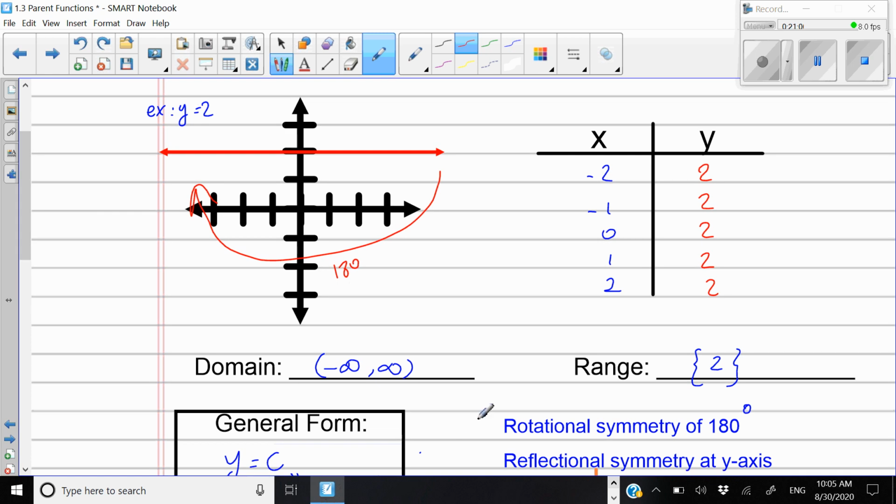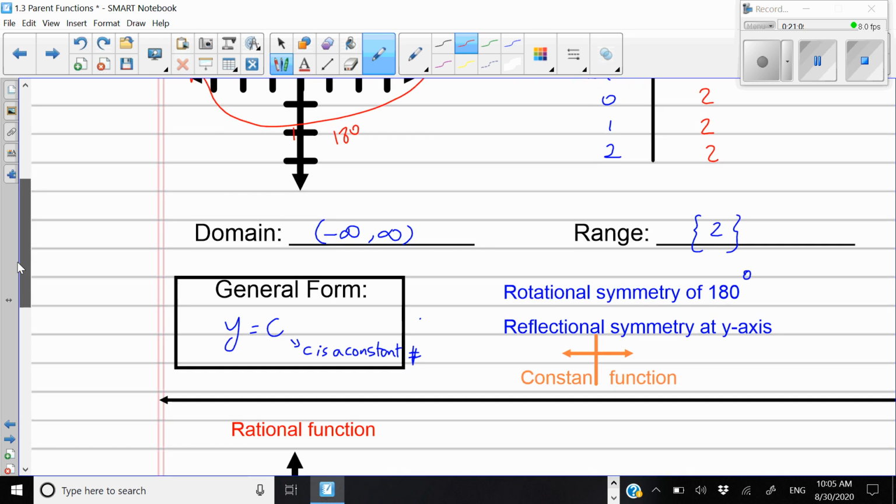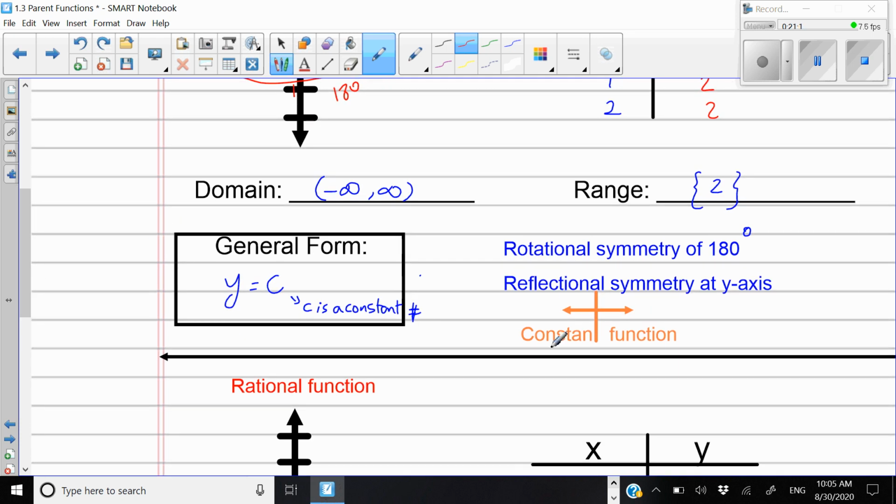And also we have a reflectional symmetry at the y-axis. That means if I consider this y-axis, the right and the left side are mirrors of each other. And here's a little trick here. For constant, I use the letter T and change it in this way to show you that y equal to c is always a horizontal line.